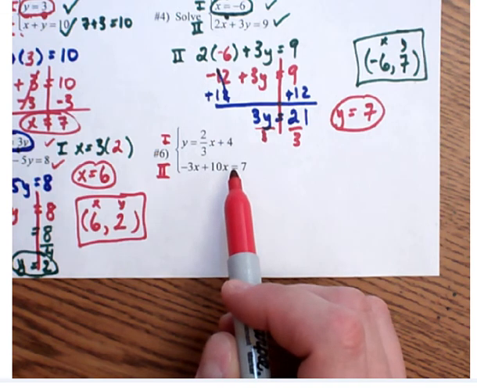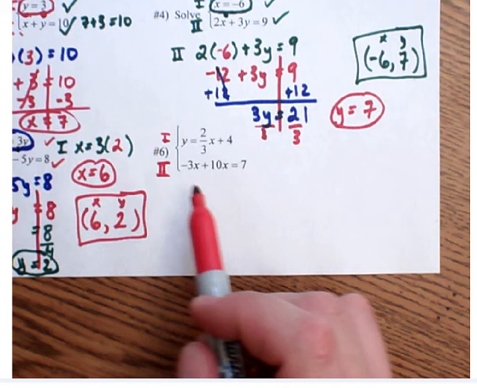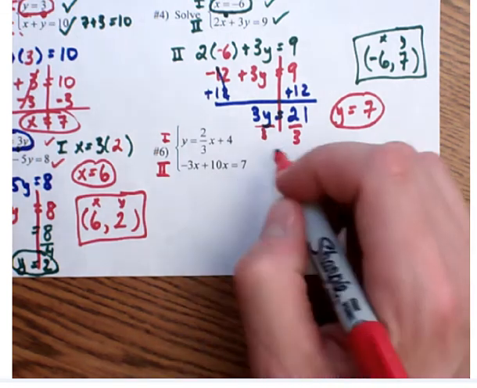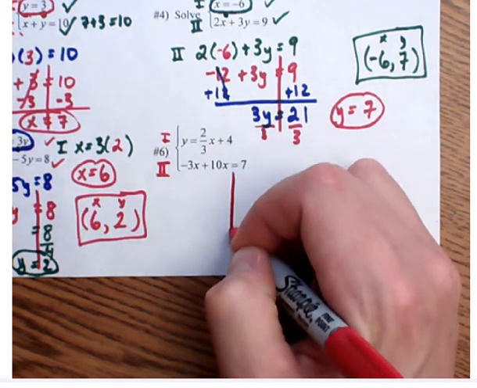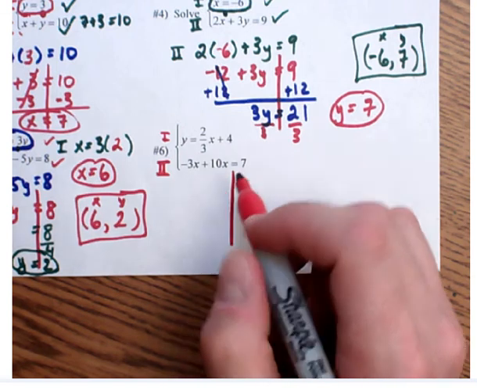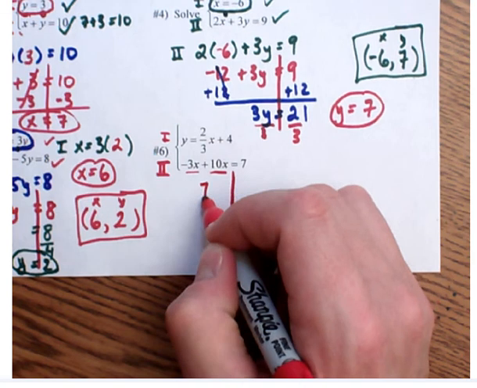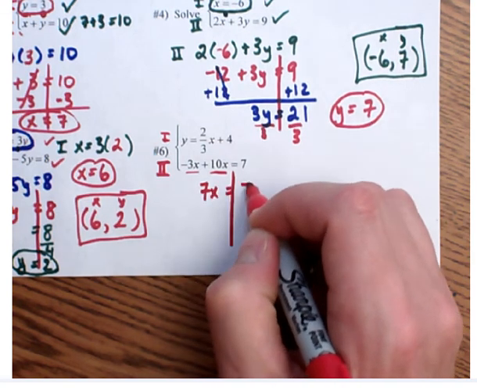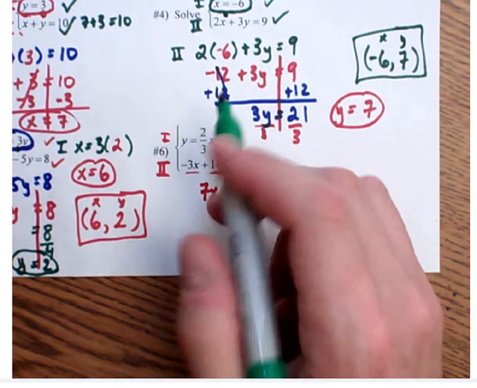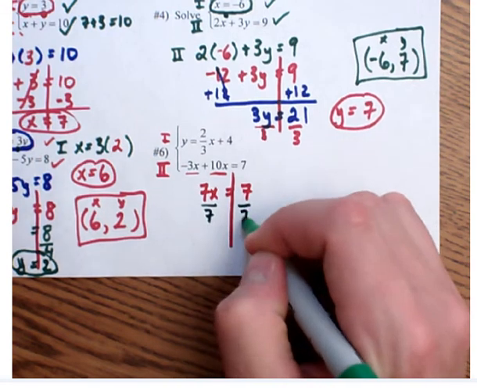Wait a minute. You only have one variable. These are both x's. So here's what we're going to do. Let's go ahead and just solve equation 2 right away. You can combine like terms. Negative 3x plus 10x is 7x equals 7. Divide by 7, and we get x equals 1.